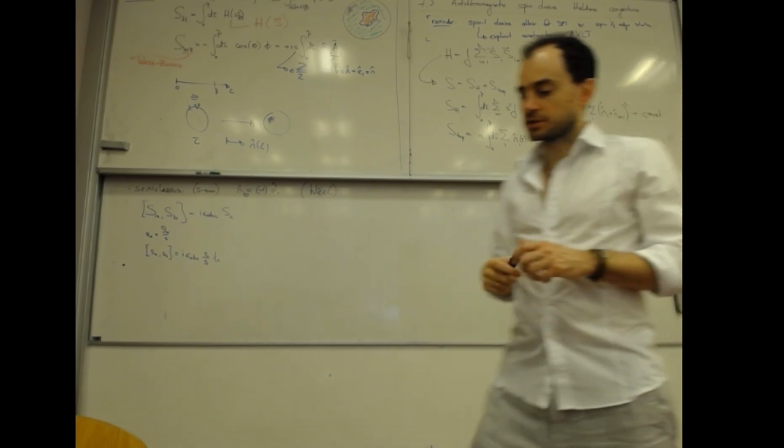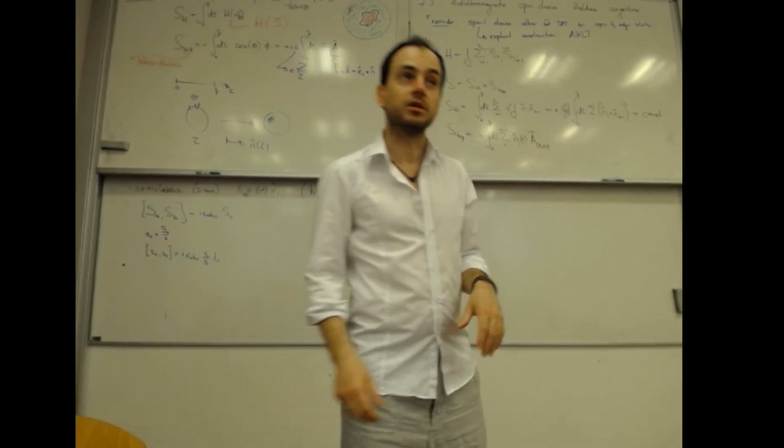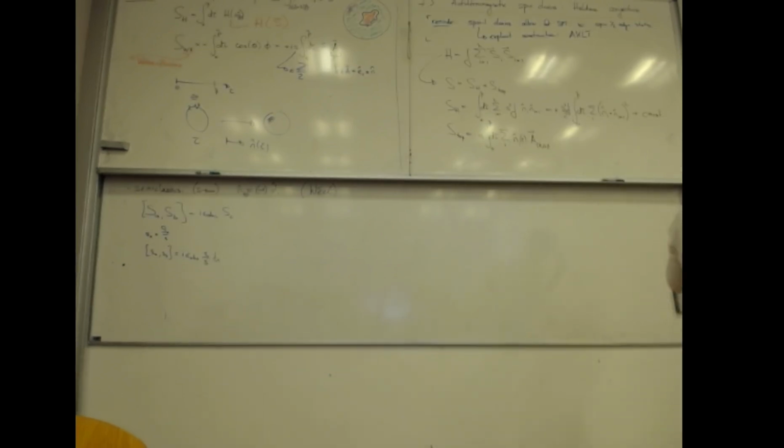So you know that in low dimensions here, we're speaking about one spatial dimension, quantum and also thermal fluctuations, in this case quantum fluctuations, prevent actual long range order, even if on the mean field level you do find long range order.